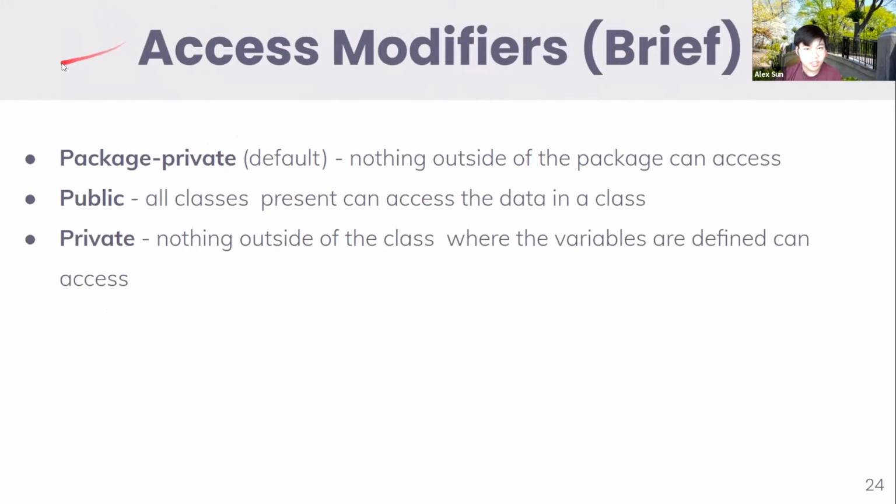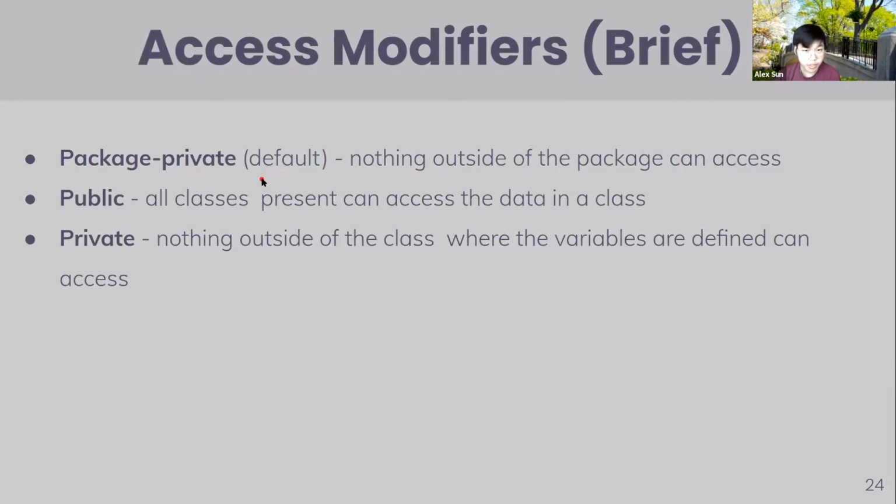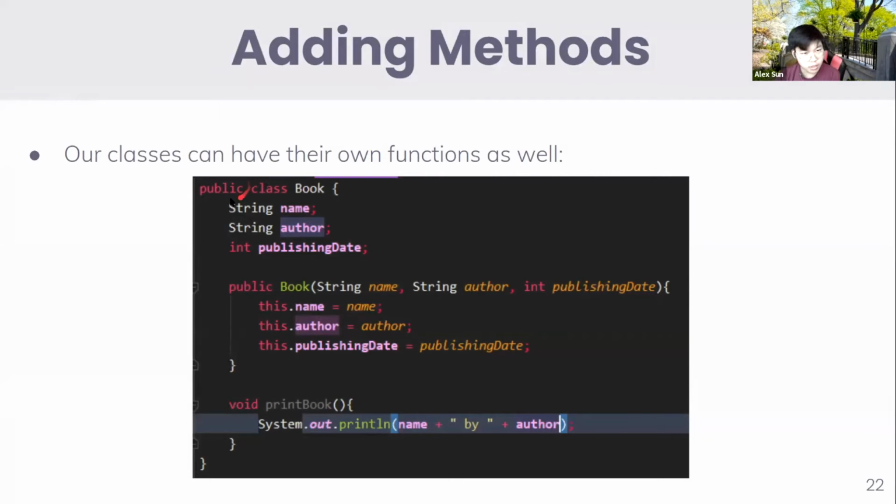So there are these things called access. This is going to be a very brief explanation because I don't really have a good example for you. But basically in Java, there are three main types of access. When we go back here, see how we don't specify public or private or anything in front of the variable names?